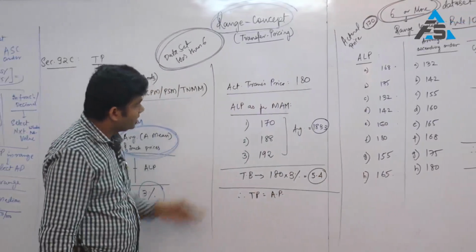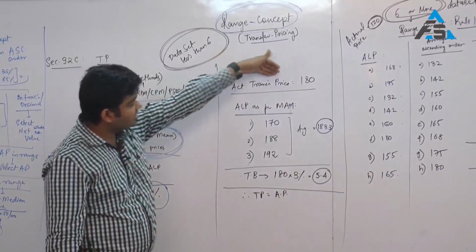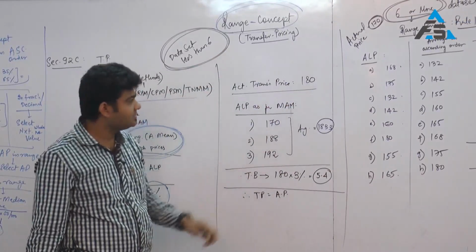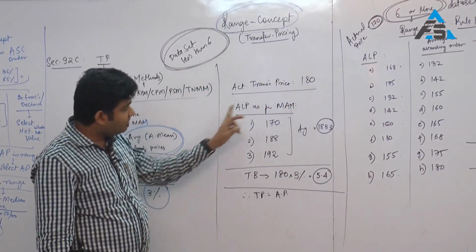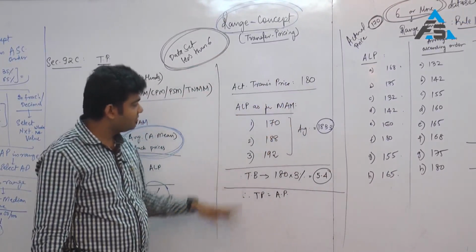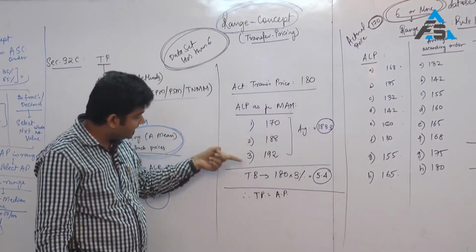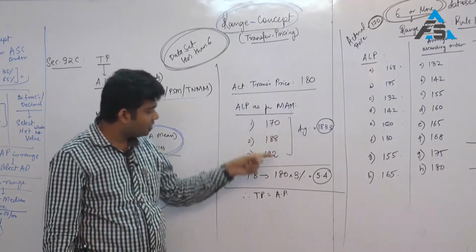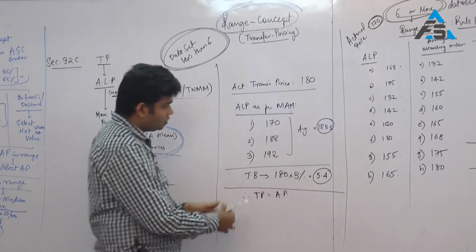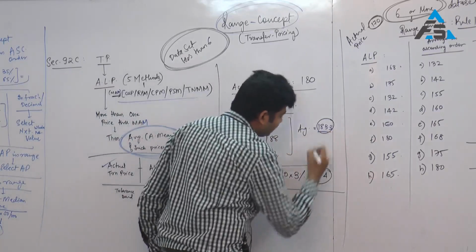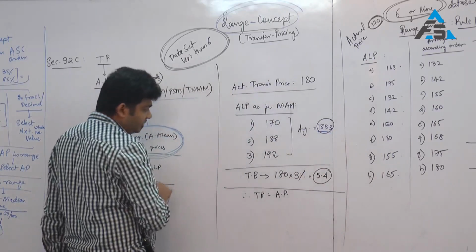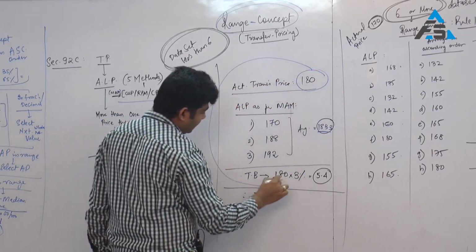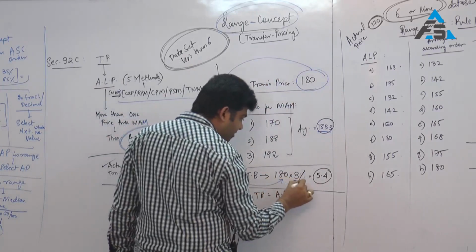How does that work? A simple example: the actual transaction price at which I do my transaction with my associated enterprise is 180. ALP as per the most appropriate method works out to 170, 188, 192. I will take the arithmetic mean of all three, which works out to 183.3. As I said, I have a tolerance band of 3%. What is my actual transaction price? It is 180. I have a tolerance band of 3%.